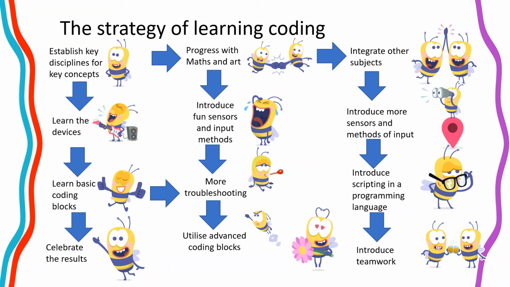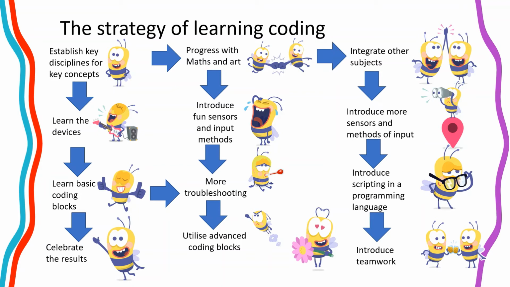Now, the strategy around the learning of and how you teach coding is basically simple. It is making sure that you, from an early age, establish the key disciplines and concepts, the ones that you've seen there before. And you need to learn your devices and learn the basics around how coding blocks work and how pieces of code work.